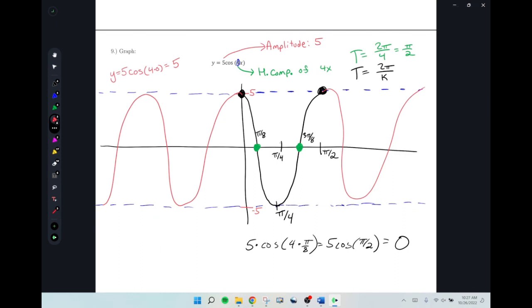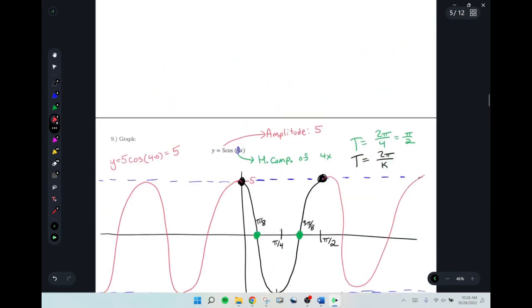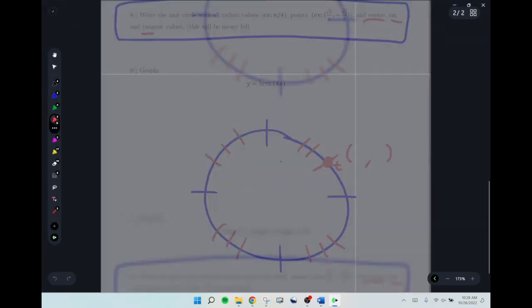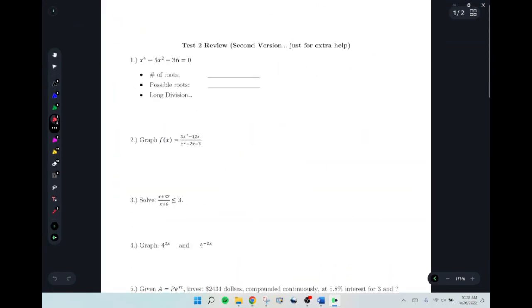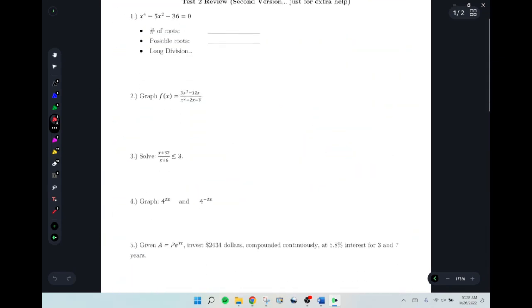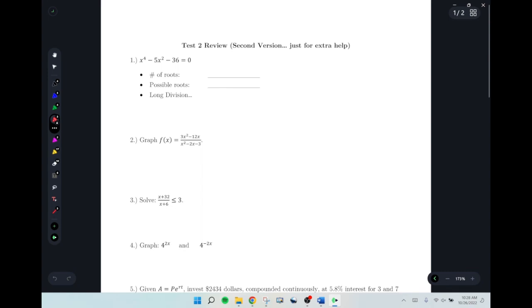Are we going to have suggested homework for these things sometimes? Nope, just work the review. Your best suggested homework is literally this review. I can write a little note that says link to this on your suggested homework, but this is the best thing you could possibly do over the next 2 days. This second version is just for extra help.